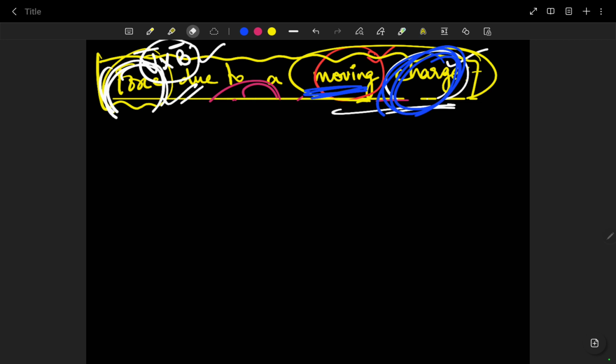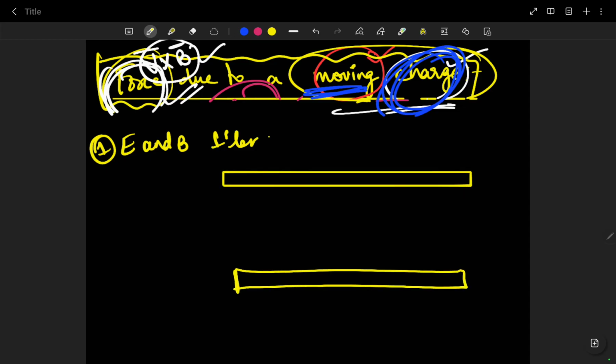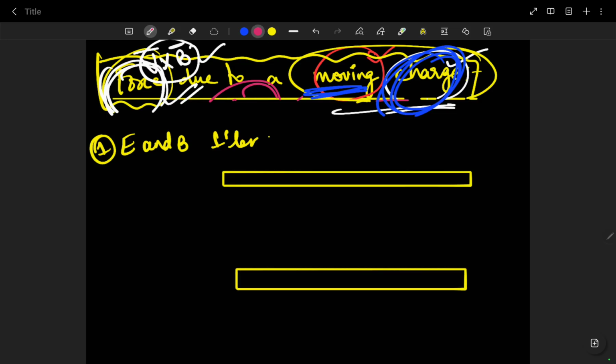So for example, you have E and B, right? I'm just assuming they're perpendicular to each other. So how will that look? For example, you have a positive plate and then you have a negative plate, just like a capacitor basically. So this is a completely positive plate.